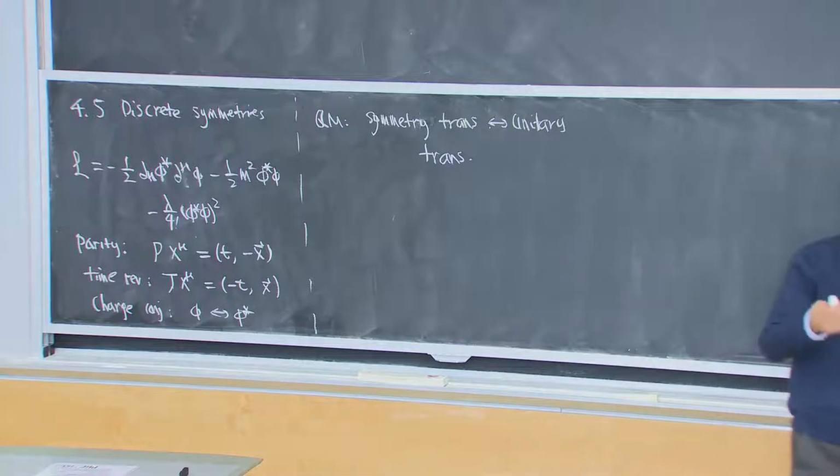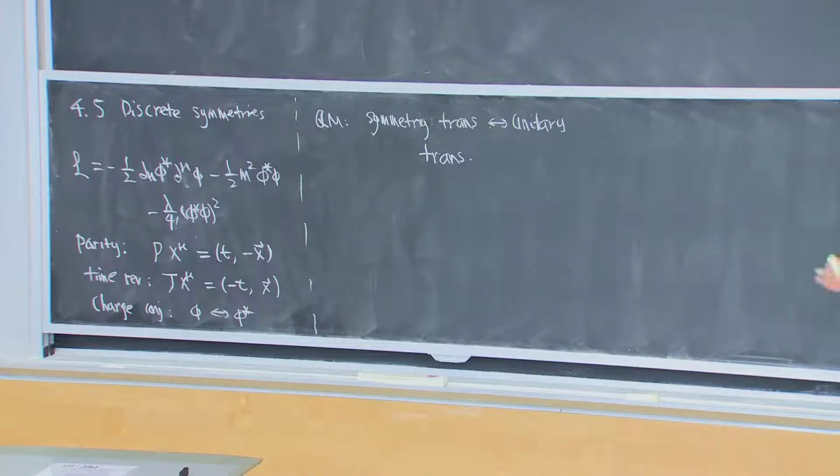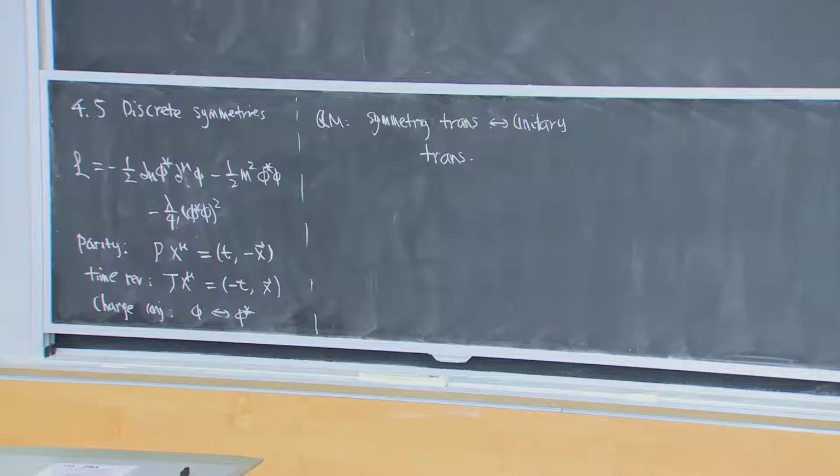We already have done that for continuous symmetries. And the same thing holds for the discrete symmetries. In quantum mechanics, the implementation of the discrete symmetries is also through some unitary operator.